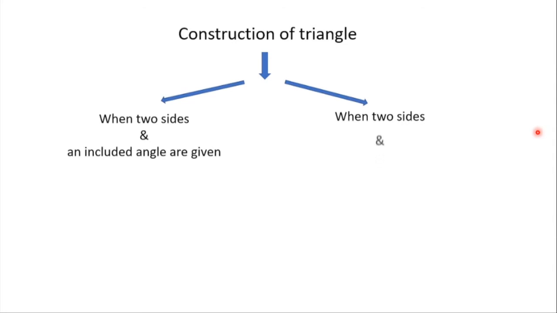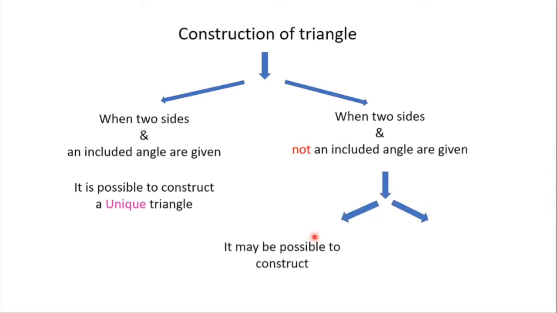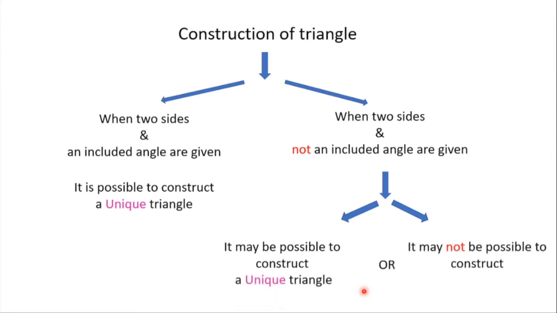When two sides and not an included angle are given, we have two subcases. It may be possible to construct a unique triangle, or it may not be possible to construct a unique triangle. So this is the summary of whatever we have discussed so far.